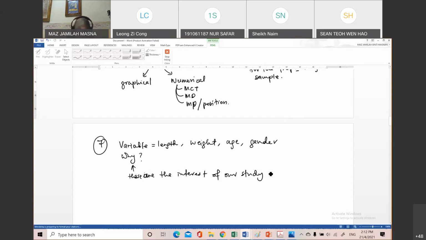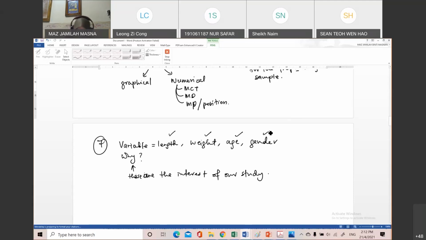Simple way. Or if you want a more appropriate definition, it is the characteristic of interest of your study. So what are the characteristics? Including length, weight, age, and gender.